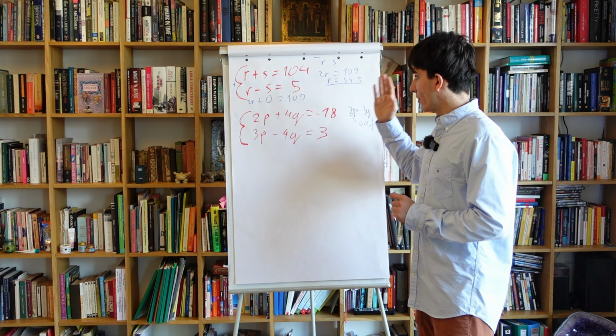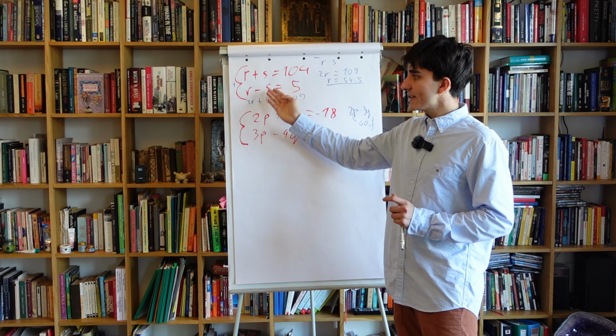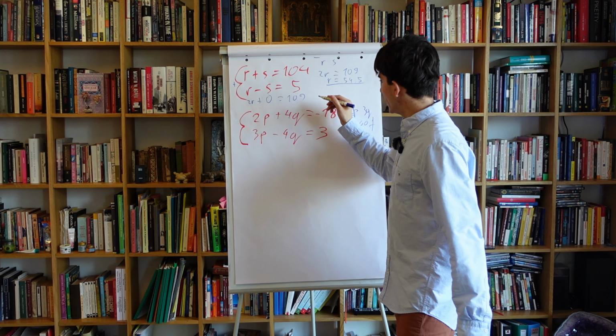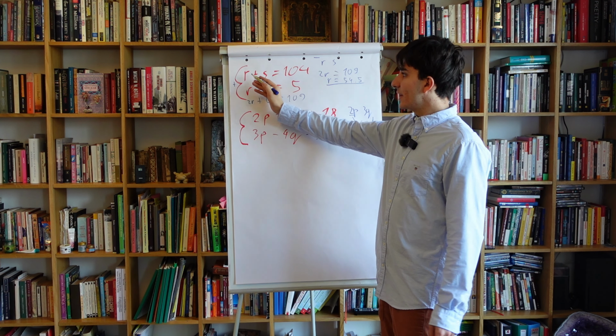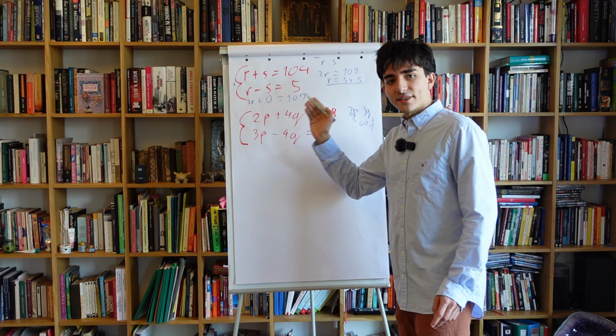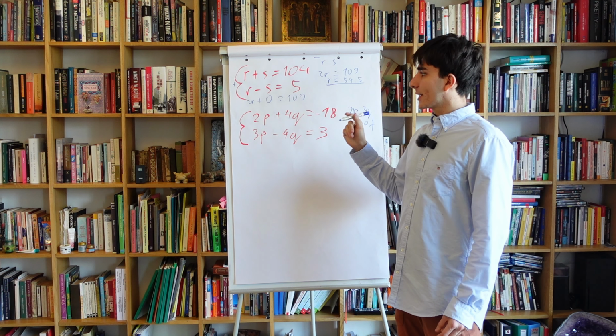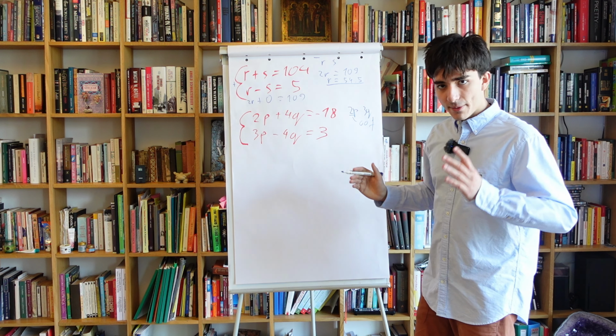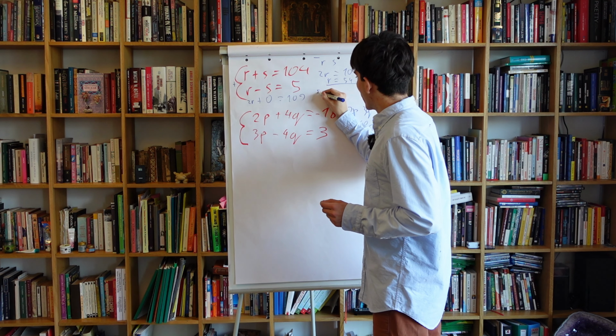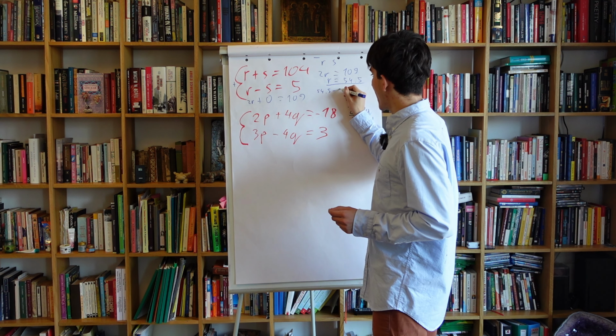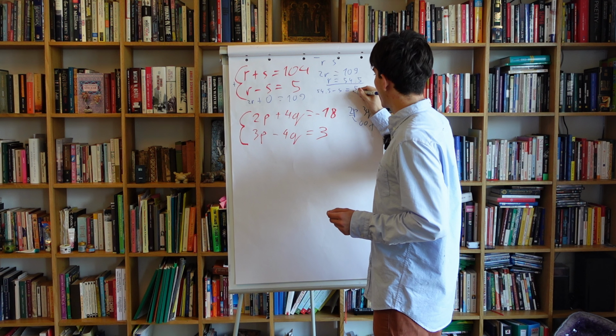Okay, so now we have R, then let's calculate S. Let's substitute here, or maybe here, because the subtracting part could be a bit easier. 54.5 minus S equals 5.